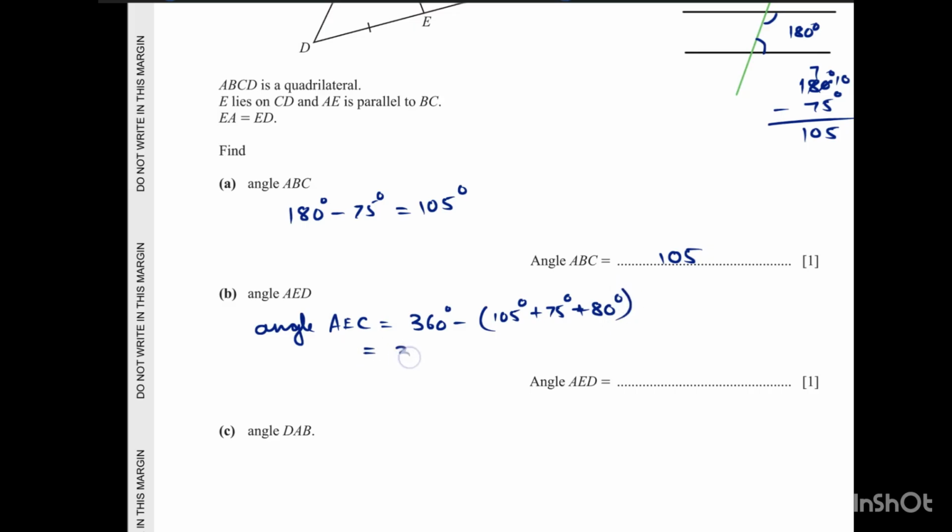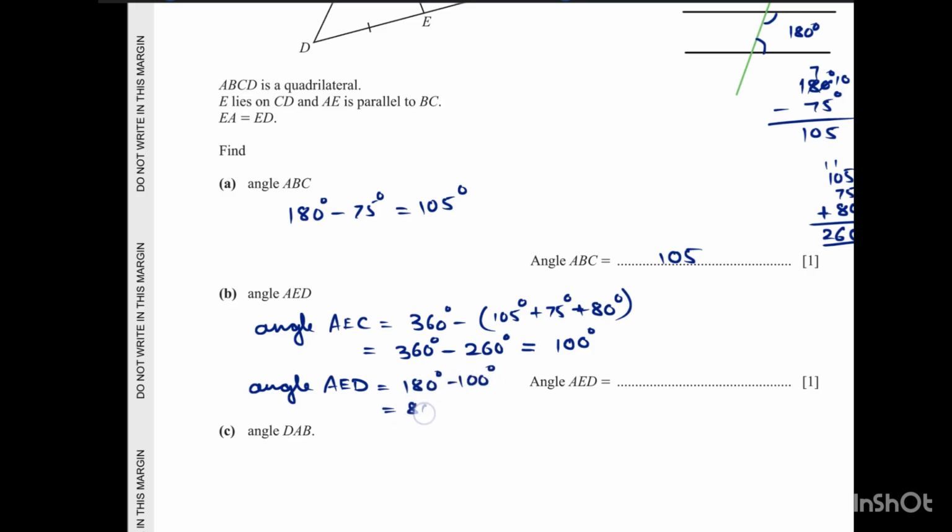Now add 105 plus 75 plus 80: 5 plus 5 plus 0 is 10, 1 carried over, 1 plus 7 plus 8 is 16, 1 carried over, 260. So it is 260 degrees, the sum of the three given angles. So that will be equal to 100 degrees. This is angle AEC. Now to find angle AED, you do 180 minus 100. So that is 80 degrees. So angle AED is 80.